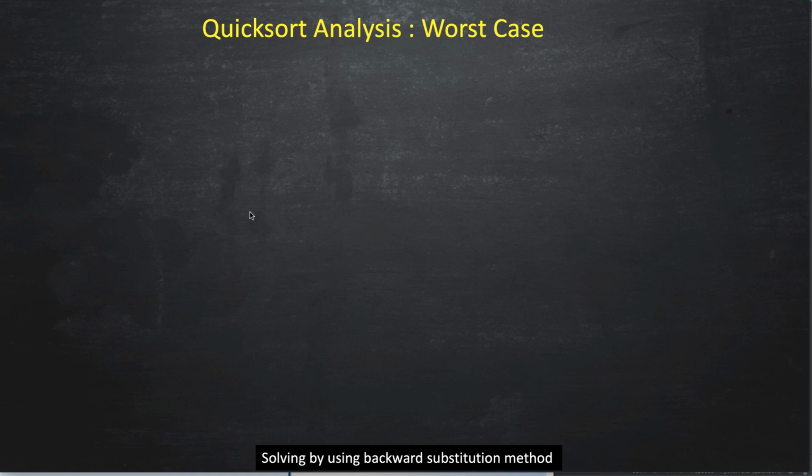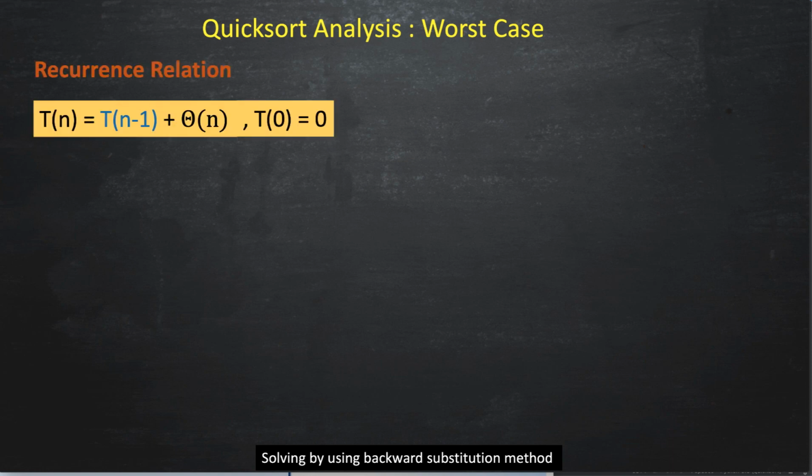We can also find the worst case efficiency of Quicksort by using a recurrence relation and solving that using the backward substitution method. Since Quicksort is a recursive algorithm, it can be represented using a recurrence relation. This is how the recurrence relation for Quicksort looks in the worst case. Here we have the divide part, and here the conquer part, which is our partition function.